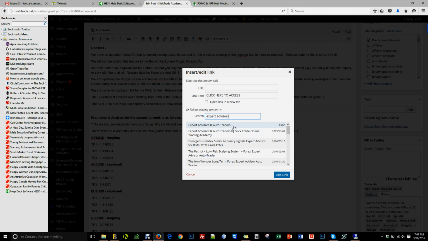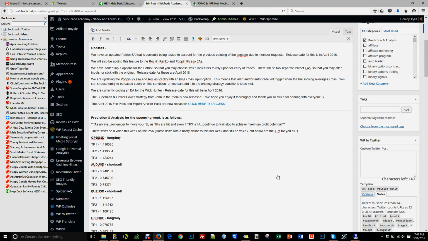If you're new to the room and you don't know this yet, the expert advisors and the file pack are always updated by the final Sunday of each month. Your current ones will expire, so you will want to download those. And they have updates, they have requests from members, added features, things like that.